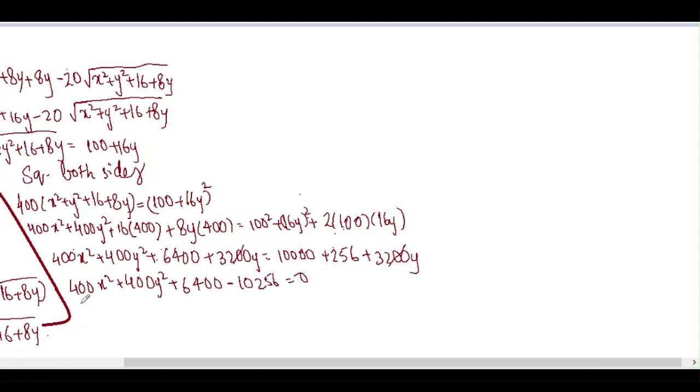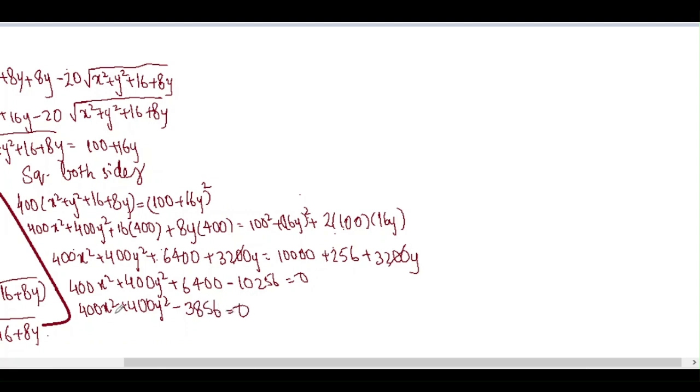Now we get 400 x square plus 400 y square plus, we get here minus 3856 equals 0.